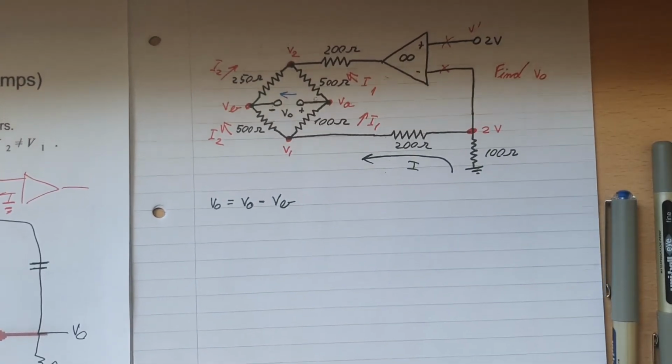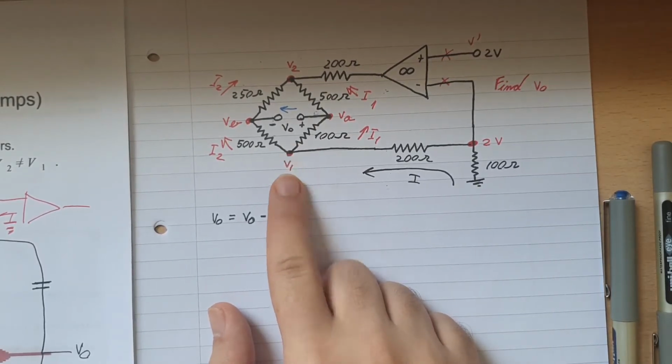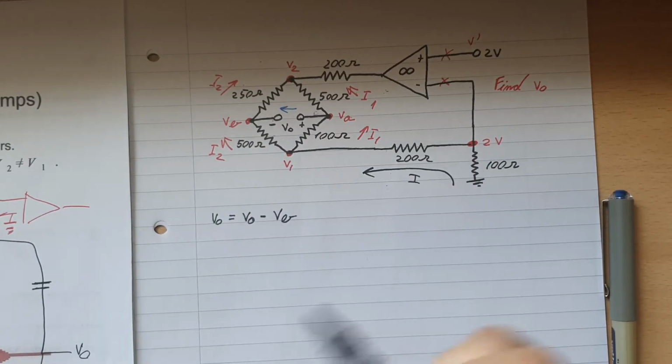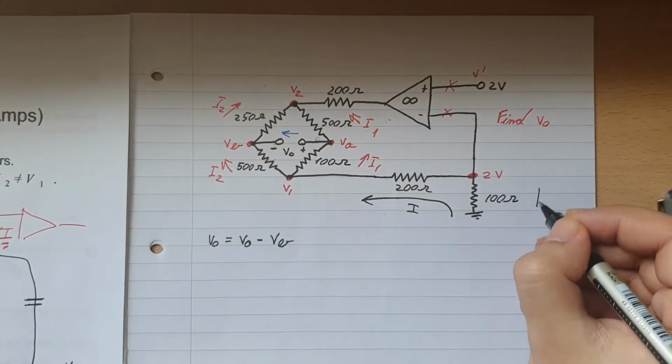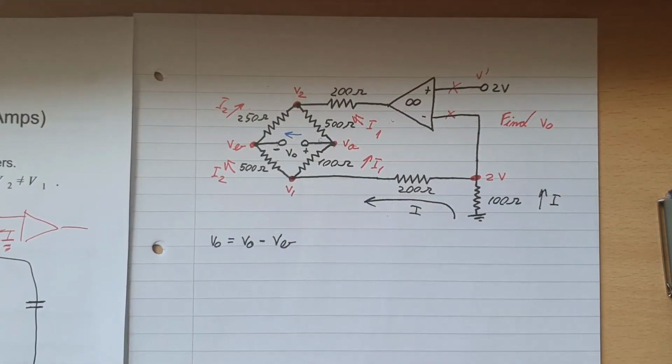So let's start with the first step, and that will be to try to find this voltage V1 here. And how do we do this? Well, again, we just apply Kirchhoff, because we have one current going through here, and the same current will go out to here to V1.